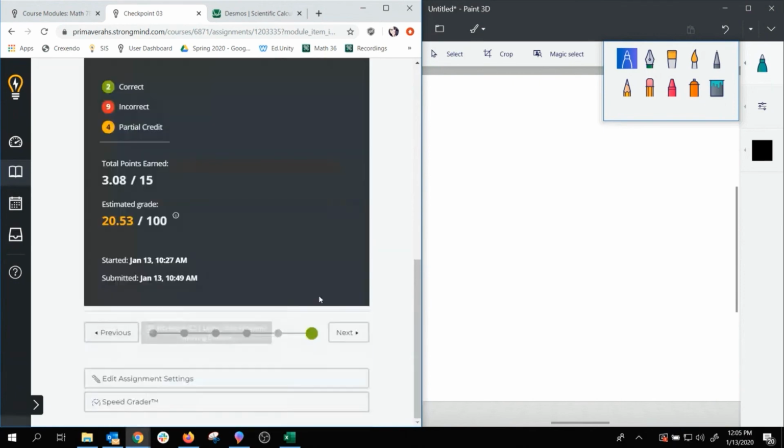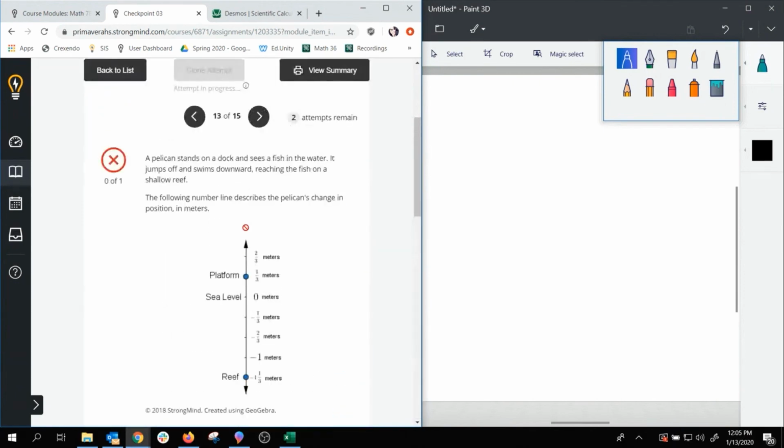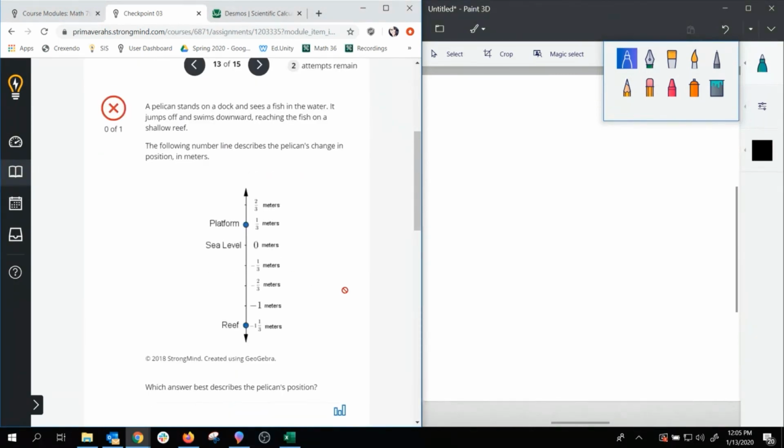All right, 13. Here's your pelican problem, Isaac. All right, it says that a pelican stands on a dock and sees a fish in the water. It jumps off, swims downward, reaching the fish on a shallow reef. The following number line describes the pelican's change in position in meters. Okay, so here's the platform. And here's sea level at 0, and the reef is -1 1/3 meters down.